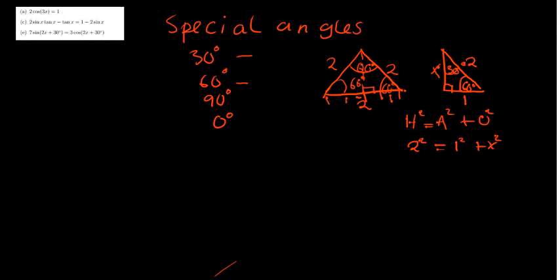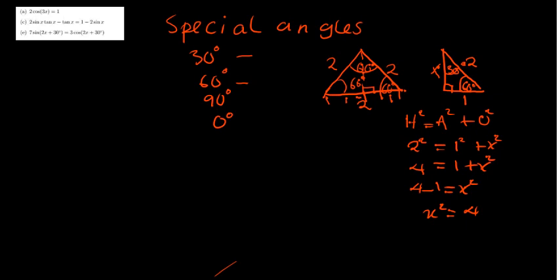So 2 squared, which is 4, equals 1 squared plus x squared. Let's find the value of x. We take 1 across the equal sign, and it becomes negative. So 4 minus 1 equals x squared.